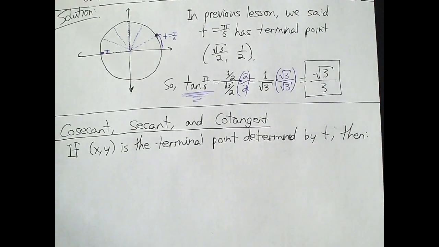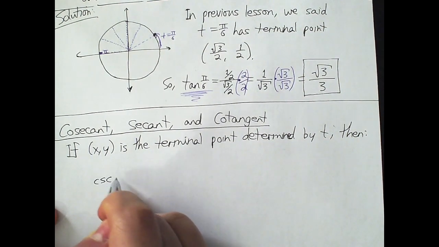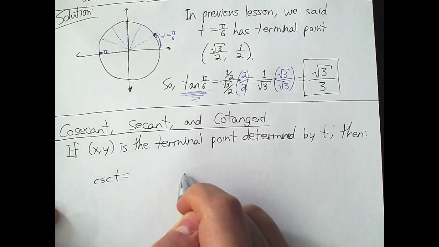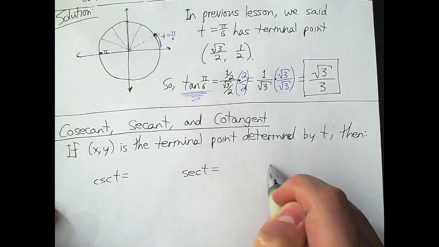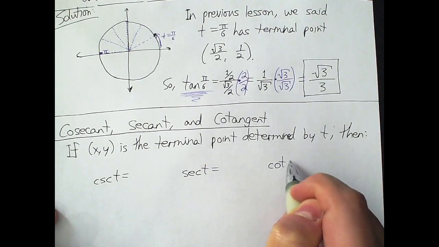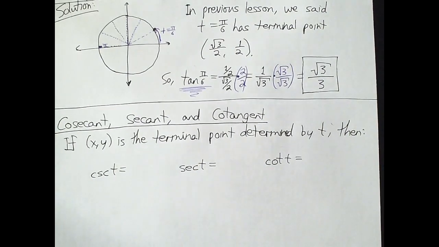They are also going to be abbreviated with 3 letters each, like sine was S-I-N, tangent was T-A-N. All right, cosecant, secant, and cotangent of t. So cosecant is abbreviated like this. Secant of t is abbreviated like this. And cotangent of t is abbreviated like this. And again, if you want, you can put parentheses around the t. That's optional.